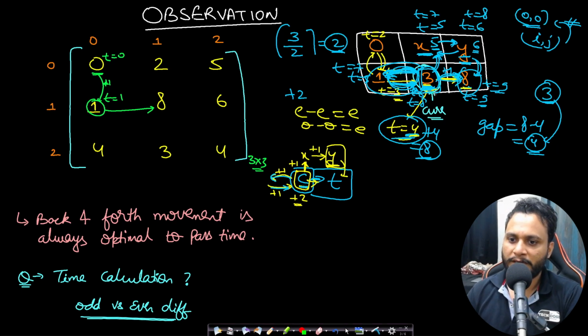But what if, let's say, the timer here was t equals 3 and this was 8. Then in order to calculate it again, you have to find the gap. So the gap will be equal to 8 minus 3, which is 5, minus 1. 5 minus 1, because if you want to cover this gap of 5, what you need to do is simply cover this time of 4, not 5, because one unit will be consumed in making the jump to the adjacent cell, right?